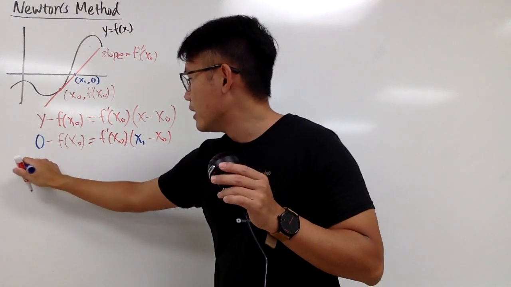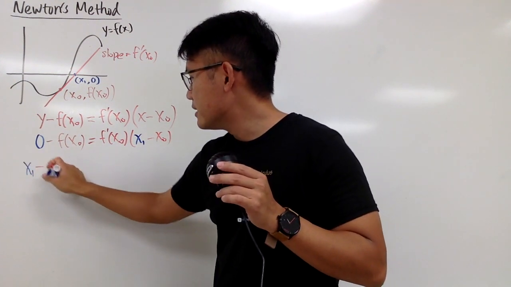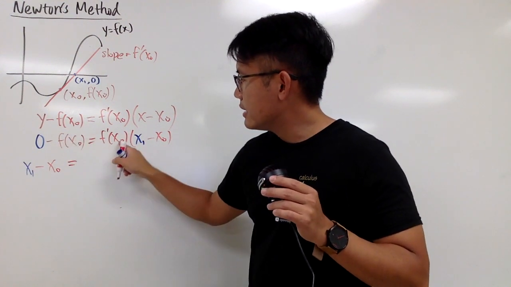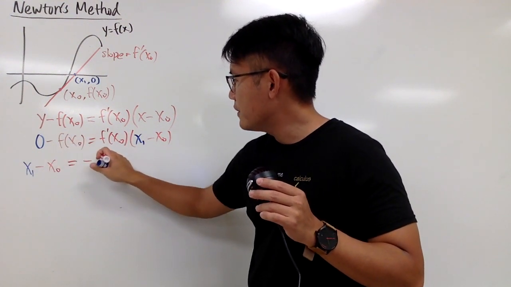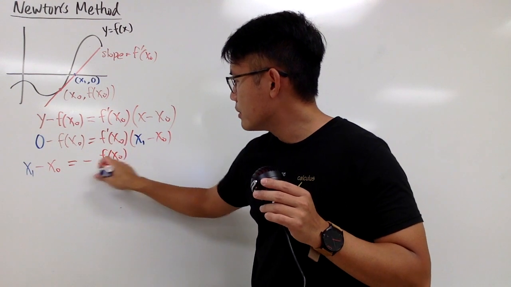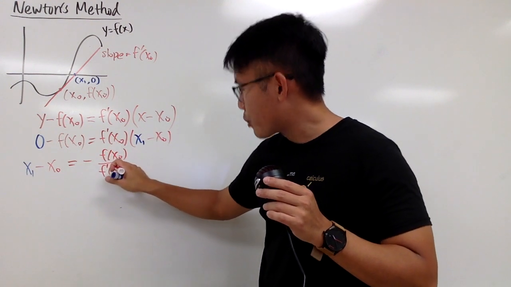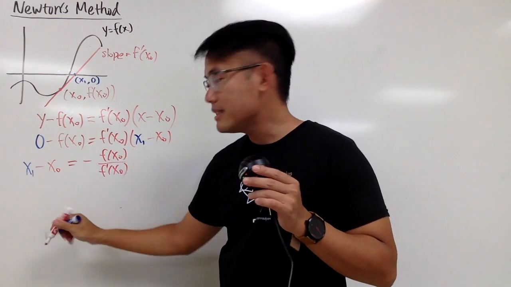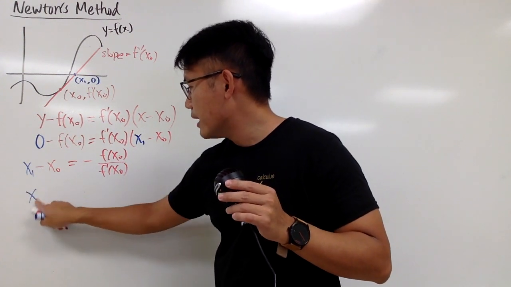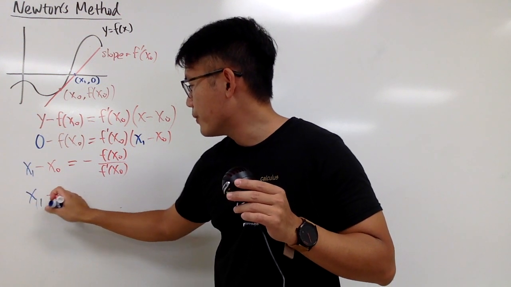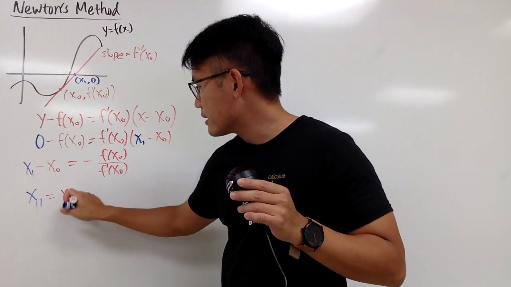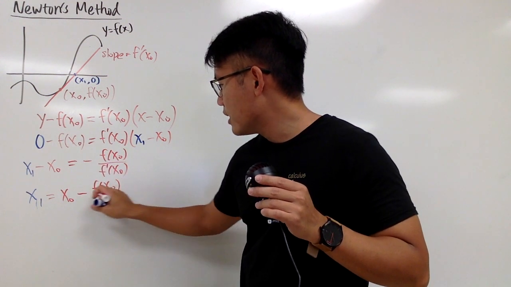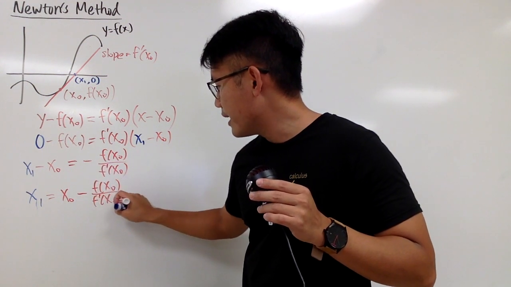I will write down x1 minus x0, and this will be, here I divide to the other side, negative f of x0 divided by f prime of x0, like that. And of course, I can just add x0 on both sides, so I get x1, and this is nicely equal to positive x0 minus f of x0 over f prime of x0.